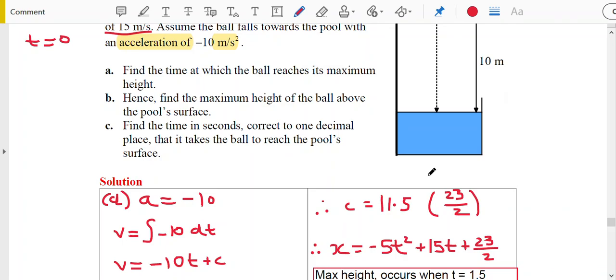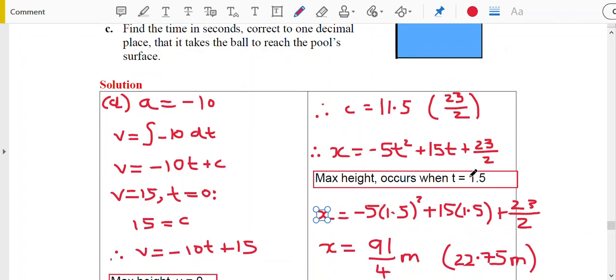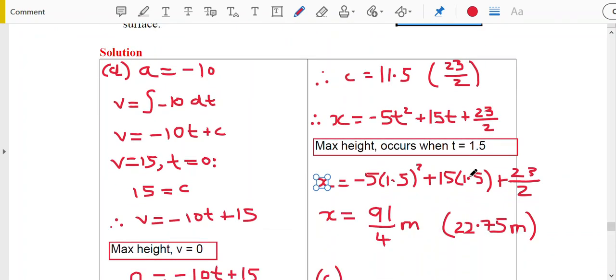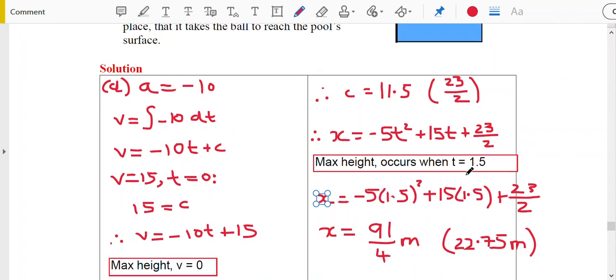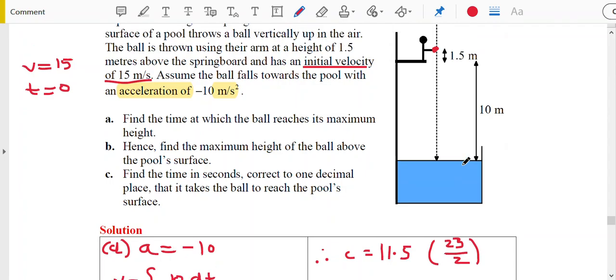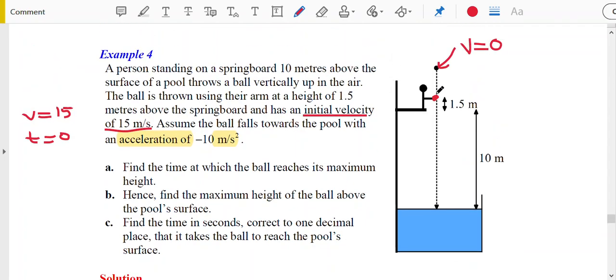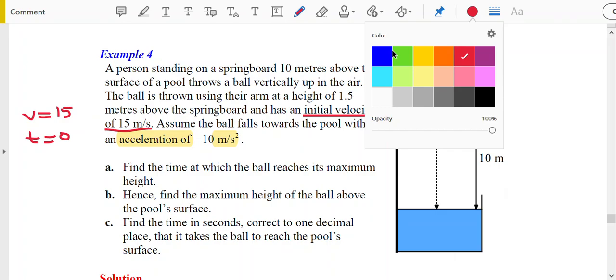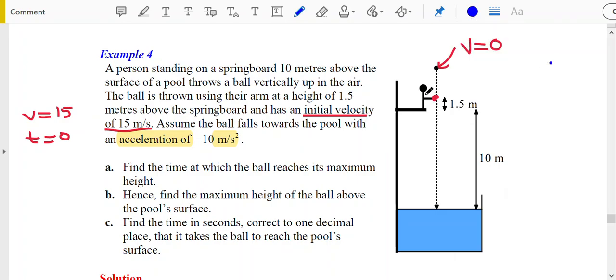Okay, so let's look at what we've calculated already. We already know it takes 1.5 seconds to reach maximum height. So when we throw the ball up, I'll use a blue marker here.